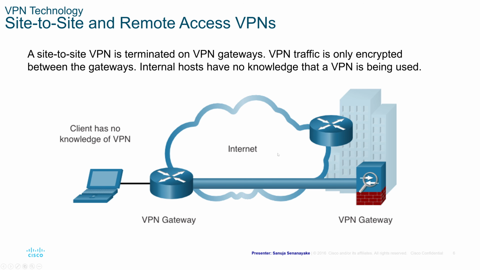And the VPN gateway is basically doing all the work required to create that tunnel. So basically, the traffic is only encrypted between the Calgary and Edmonton VPN gateways, but not between the gateway and your end user, because there is no need for it. So the internal hosts have no knowledge that the VPN is being used. They're just connecting to your company corporate network, just like they're connecting to any other internet services.